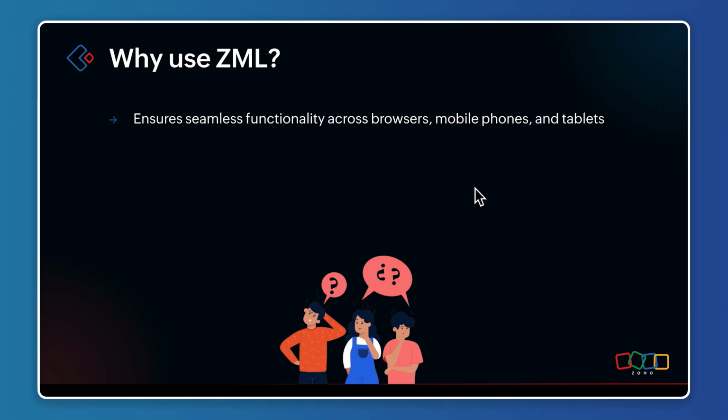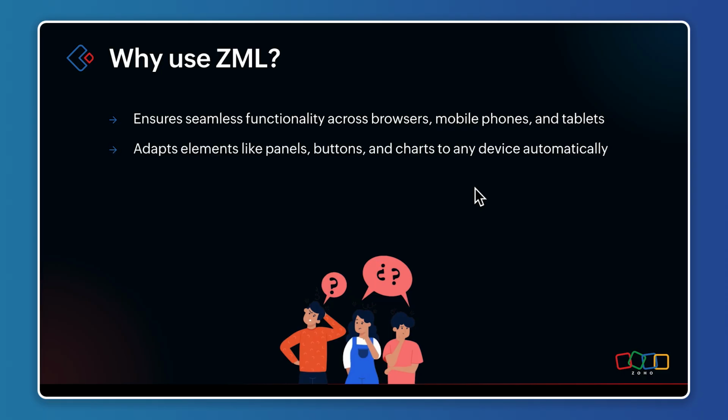ZML will ensure seamless functionality across browsers, mobile phones and tablets. It basically adapts elements like panels, buttons and charts to any device automatically, which means you can create one particular element and it is going to adapt to different devices like mobiles and tablets. It is not required for you to create multiple elements for each and every different device.